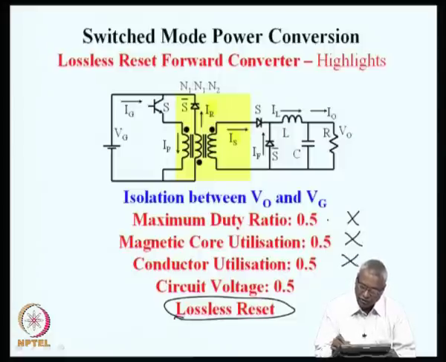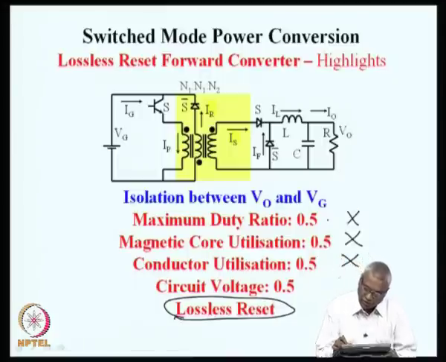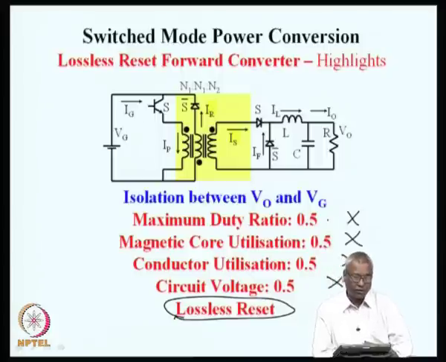Conductor utilization is 0.5 because the winding carries current only for half the duration, and circuit voltage utilization is also 0.5 because during the off period the switch experiences double the source voltage. So, the switch has to be rated for double the voltage.